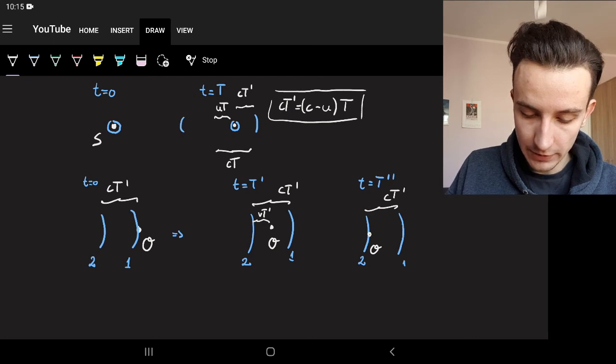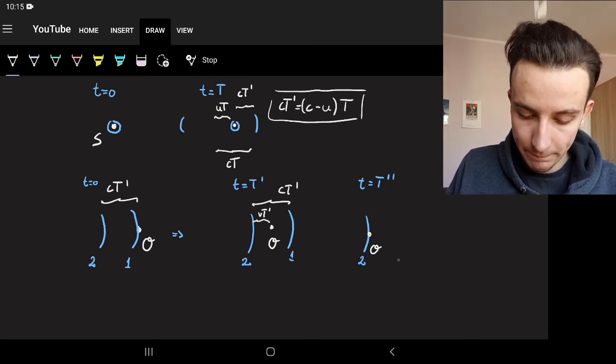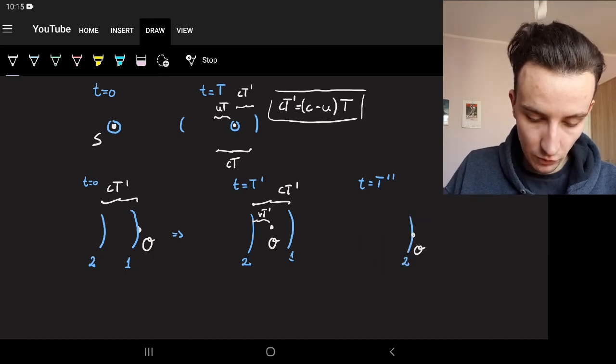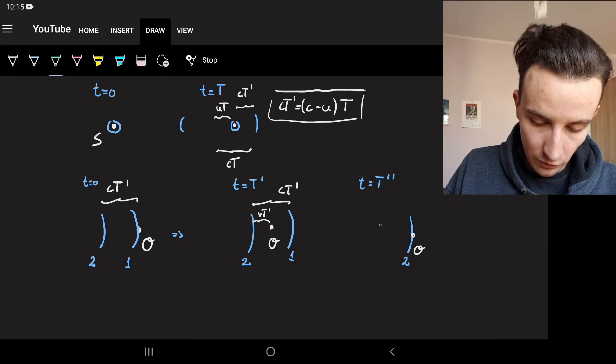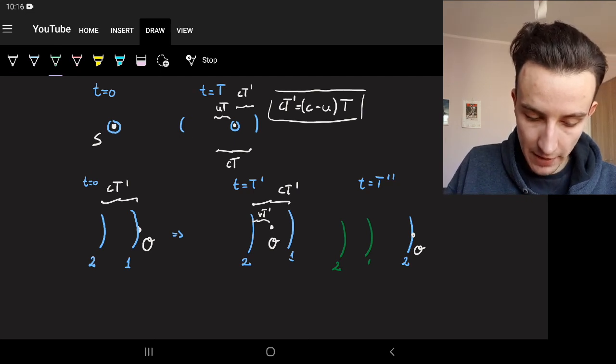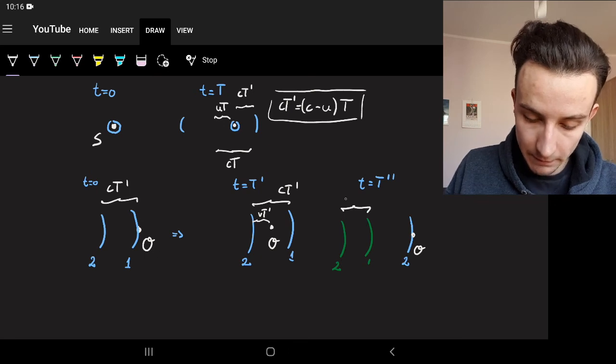I guess we don't really care about this part anymore. Let me just stop drawing this part, and instead draw a flashback of what we had before, okay? So what we had before was this and this. This is a flashback from t equals 0. So this is CT prime.